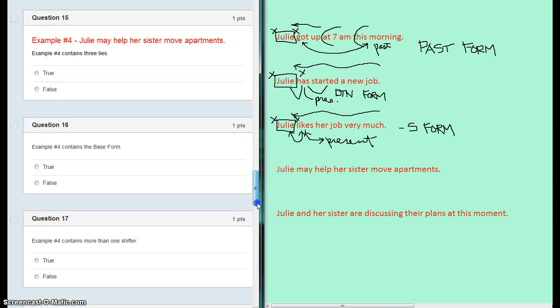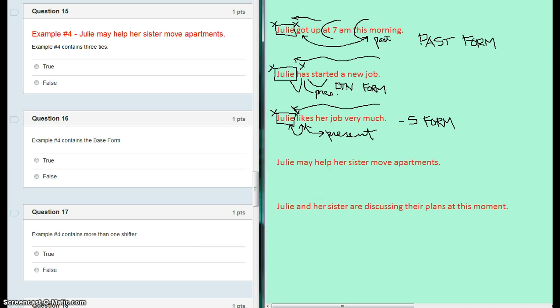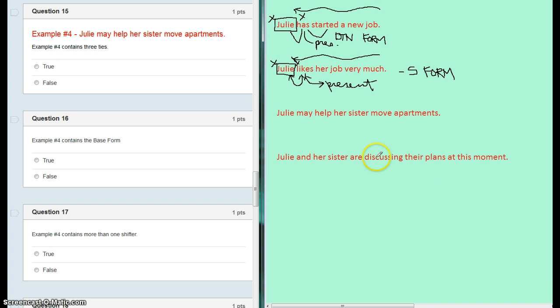Question 15 is about example number 4, so let's check it over first. Okay, let me just get that a little bit higher up here. Julie may help her sister move apartments. No shifters. The X word is may. I move it to the front to make my question. May Julie help her sister move apartments? Julie is the subject. It's between the two X word places.